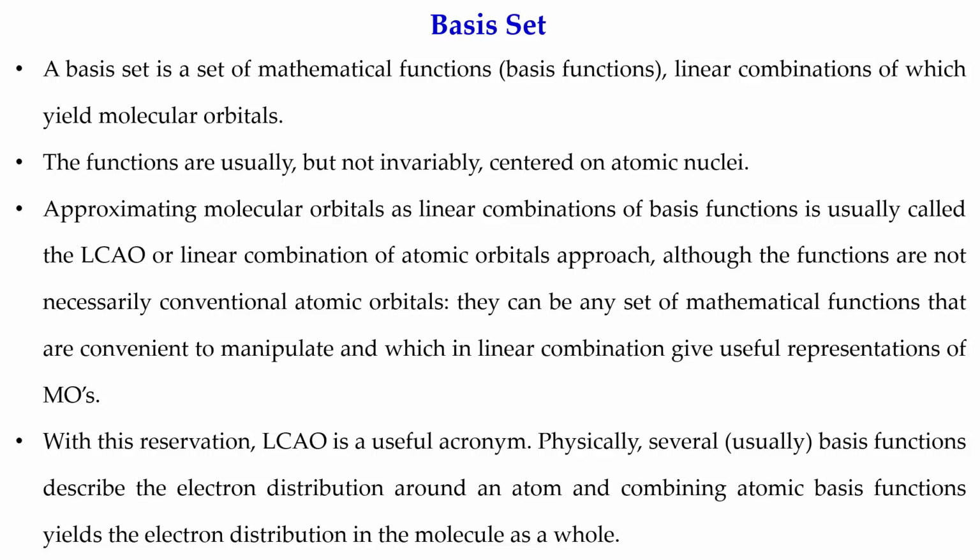Approximating molecular orbitals as a linear combination of basis functions is usually called the linear combination of atomic orbitals approach that we used earlier. Although the basis functions are not necessarily conventional atomic orbitals, they can be any set of mathematical functions that are convenient to manipulate and which in linear combinations give useful representations of the molecular orbitals.